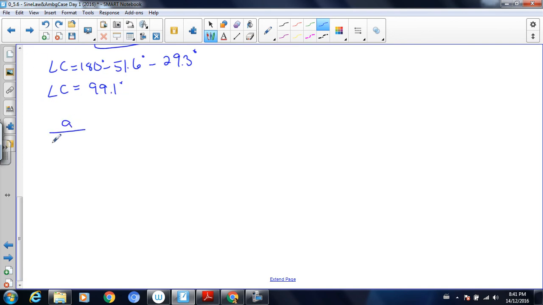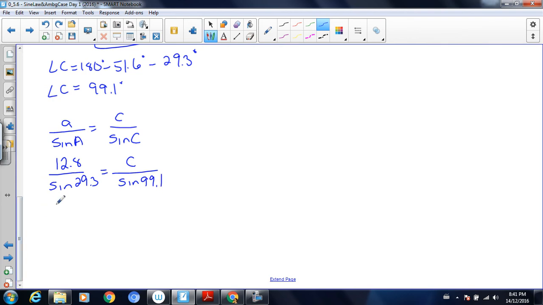Side A over sine of angle A, again using side A and angle A because that's what's given to me, is equal to side C over sine of angle C. So this is 12.8 over sine of 29.3, equal to C over sine of 99.1.